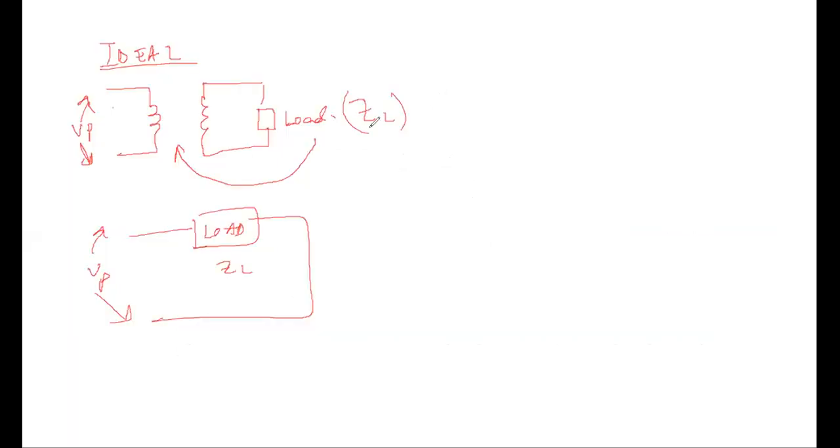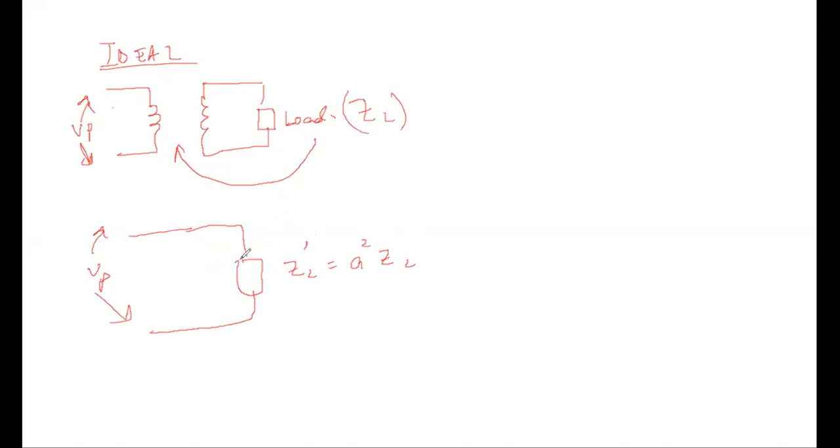Okay, so when we shift the impedance from the secondary side to the primary side, we just multiply it by a square. ZL dash is a square times ZL, where ZL was the actual impedance when it was on the secondary side.